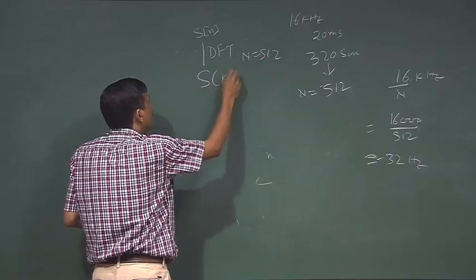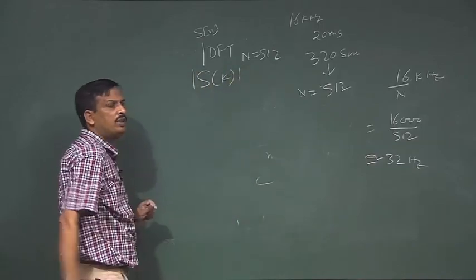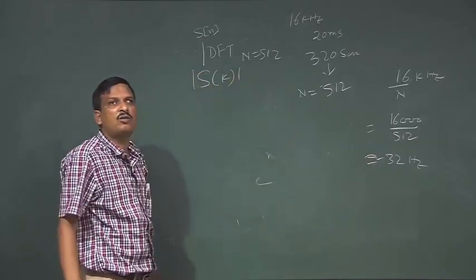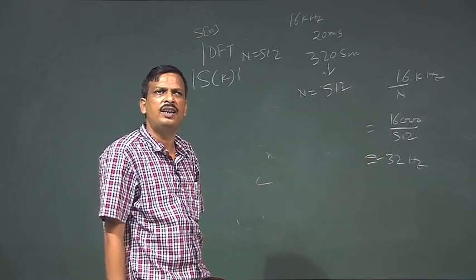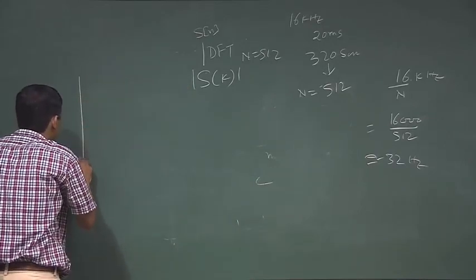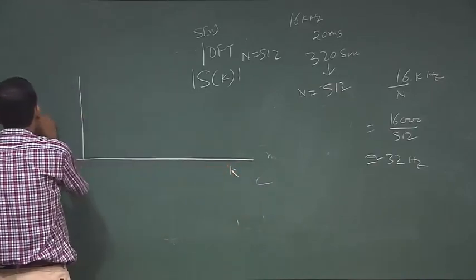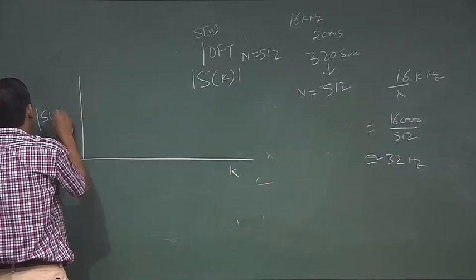Once I get S(k), I can take the mod of S(k), which is nothing but the square root of real square plus imaginary square, and then I want to plot it. So, this axis is my k axis and this axis is my mod of S(k).